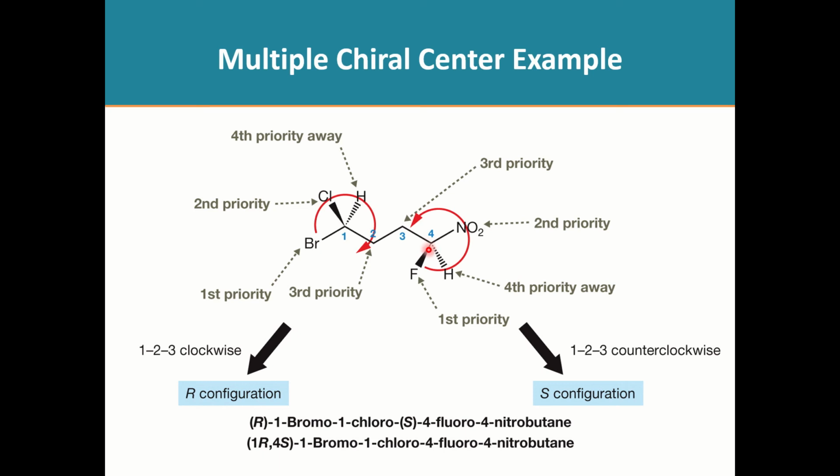Follow all the same steps. And we can see that the lowest priority is once again a dash, so we've lucked out. It's pretty nice. Okay? So you just treat each stereocenter as if it's the only one. Okay, and you just follow the same steps that we've been doing.